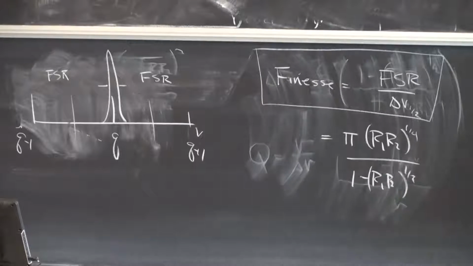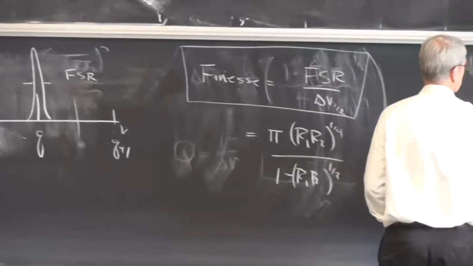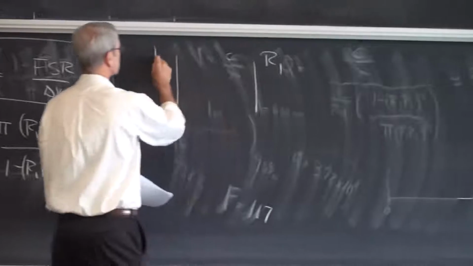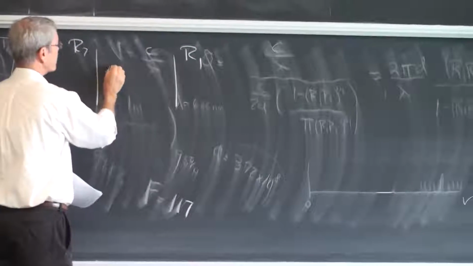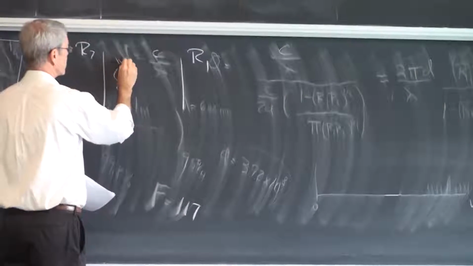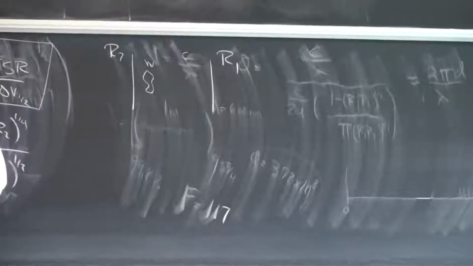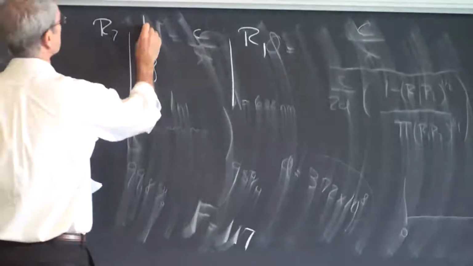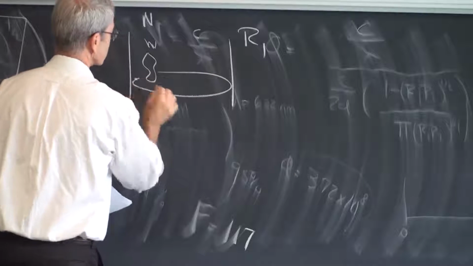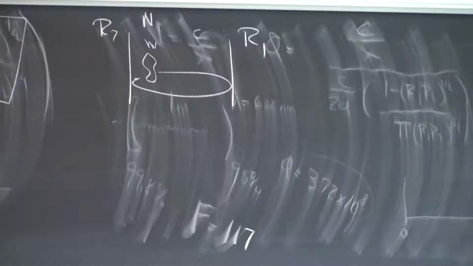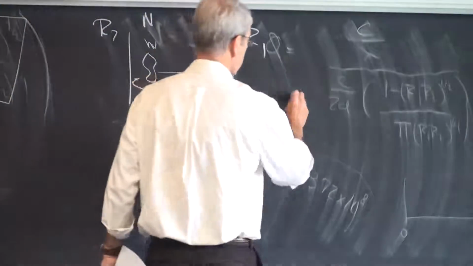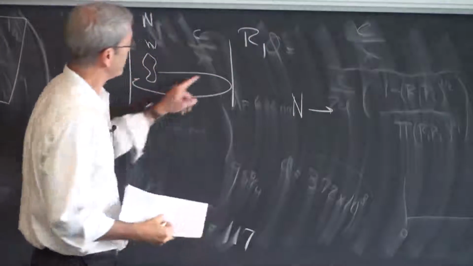Imagine you got a cavity. It's got some reflectivities. You got a blob of photons here. Just take a blob of photons. Let's say there's N of them. Let them go around the cavity once. How many remain after one round trip? So I started with N. I go here, I reflect.